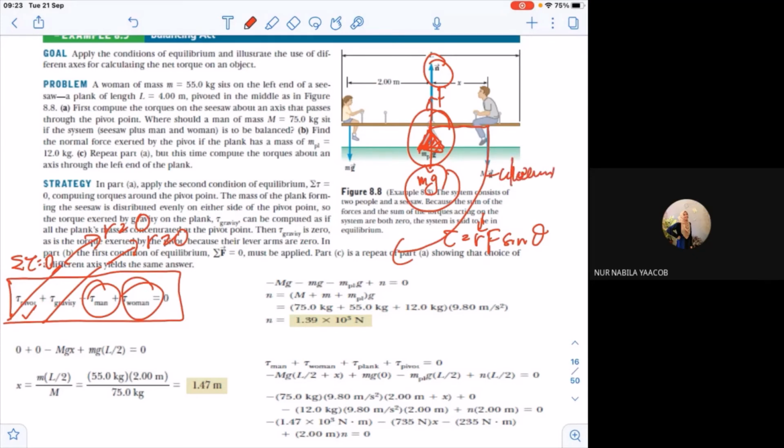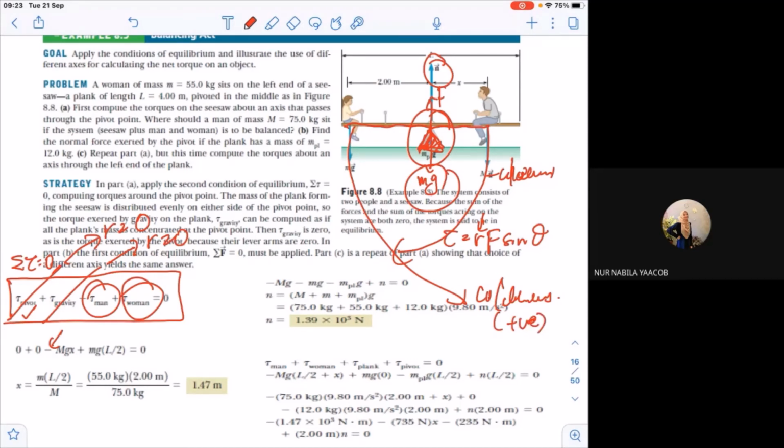So that's why the man will have a negative value, while the woman, this is R, is going this way. It's counterclockwise. That's why it has a positive value.